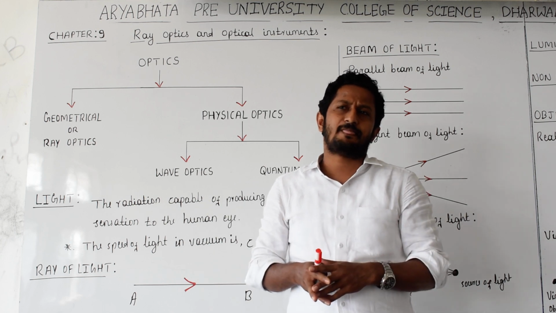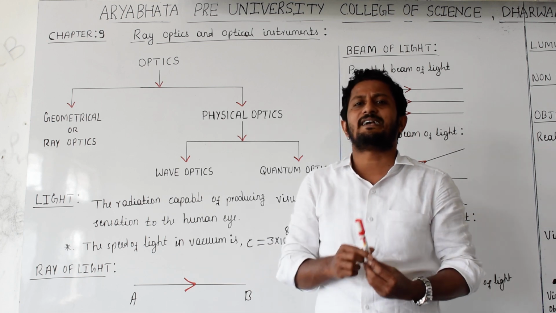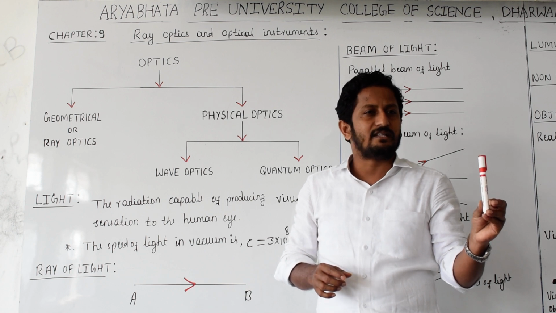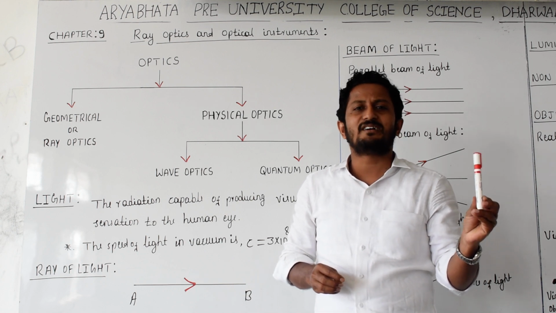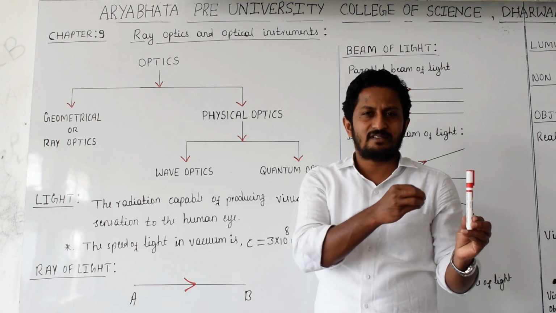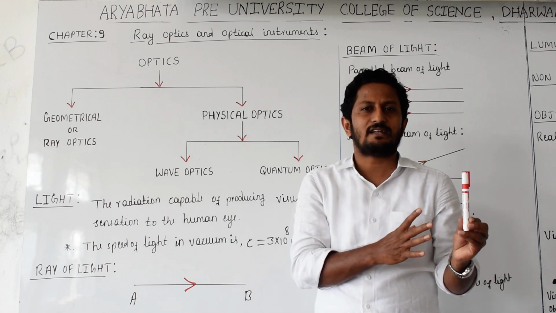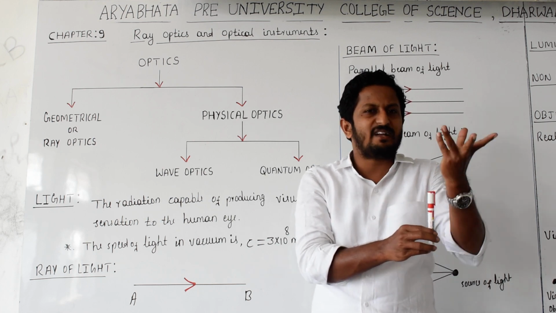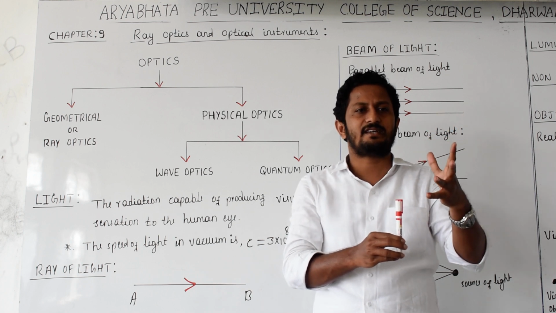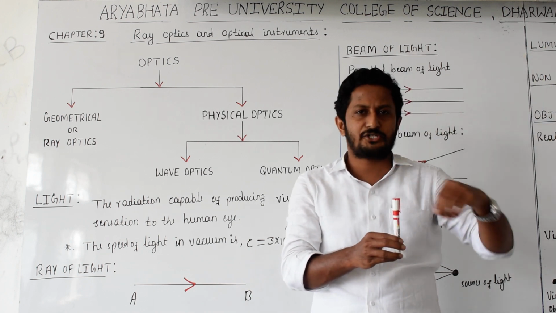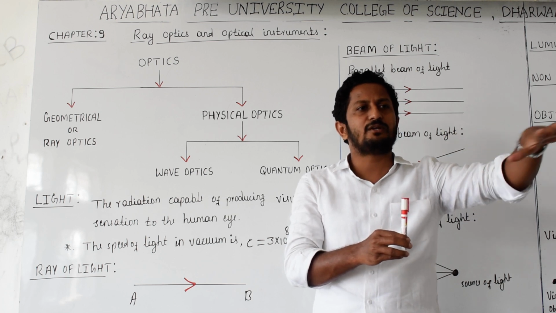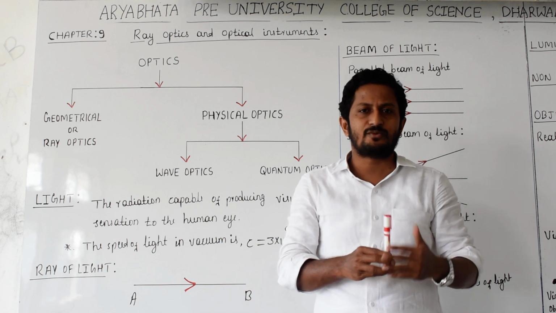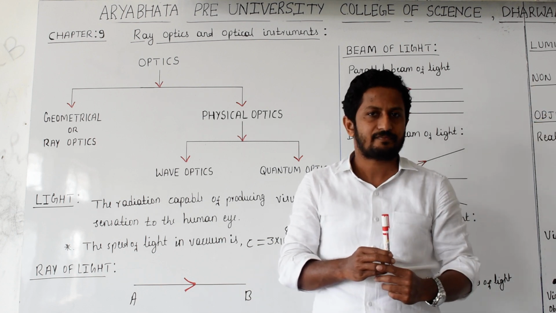Similarly, if you burn a candle, imagine this as a candle. Because of the burning of this candle, it produces a flame. From that flame, light energy is emitted in all directions. When that energy goes through this zone, it is incident on the objects present on its path.